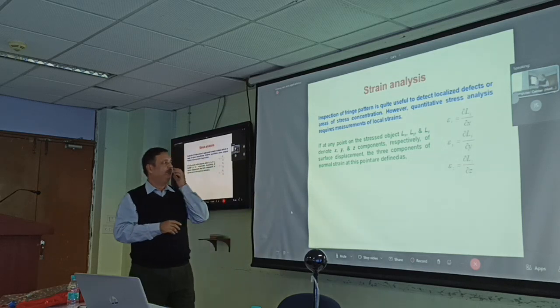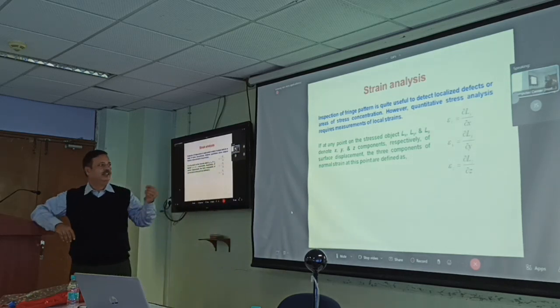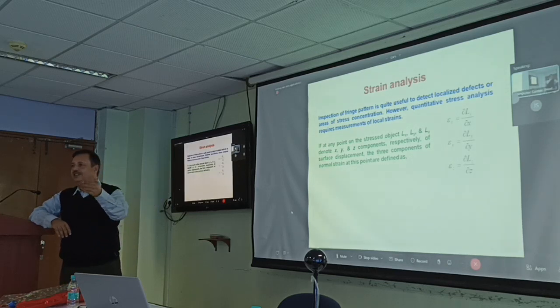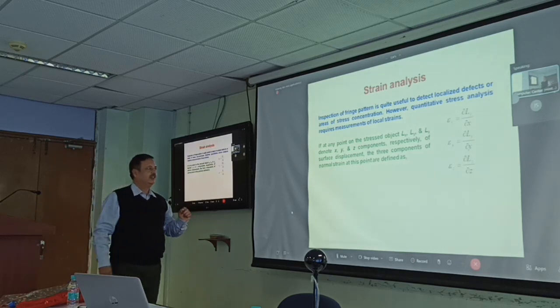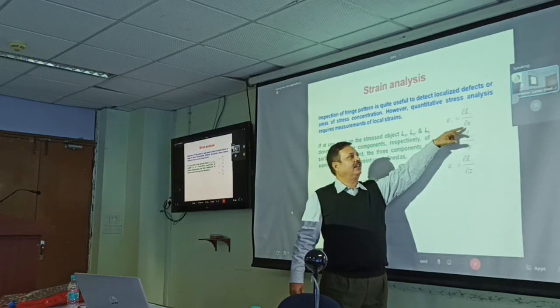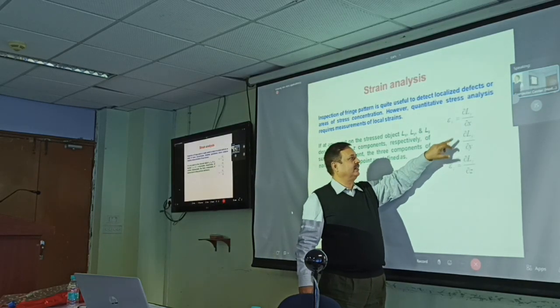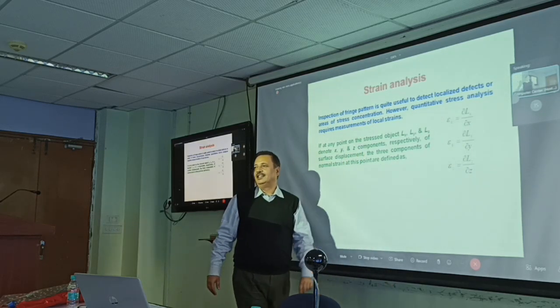How do we define it? At any point of the stressed object, suppose the displacement components are Lx, Ly, Lz in the x, y, and z directions. So we can define the strain as del Lx by del x, and similarly for the Ly and Lz components.